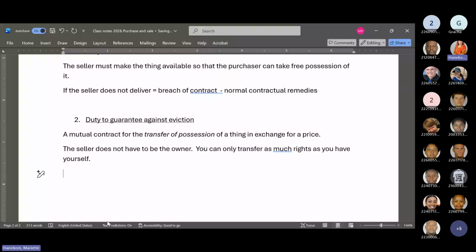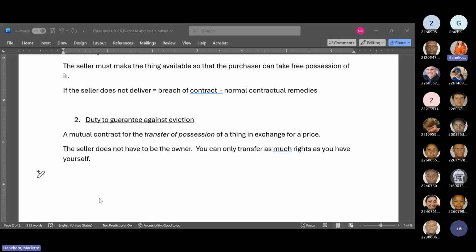if Stacy lends me her cell phone, she gives me her cell phone to use for a week, I will then have possession of the cell phone. And possession, the fact that I'm in possession, gives me certain rights. But ownership is a more complete right, a more extensive right than mere possession, merely holding something.